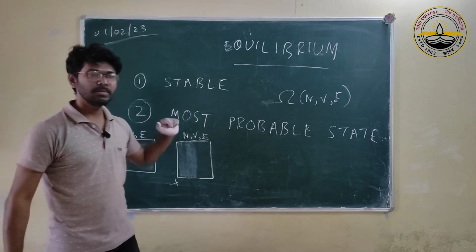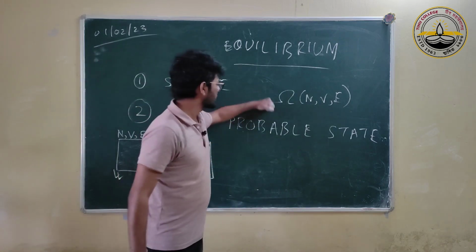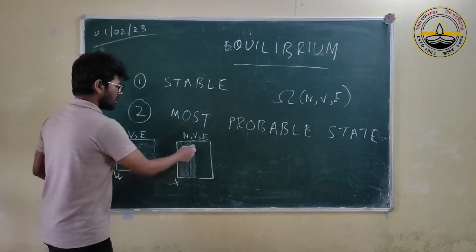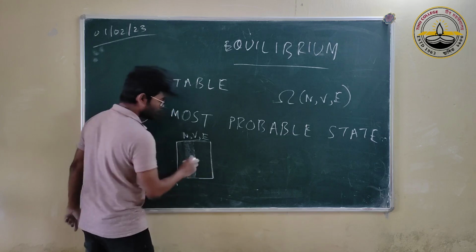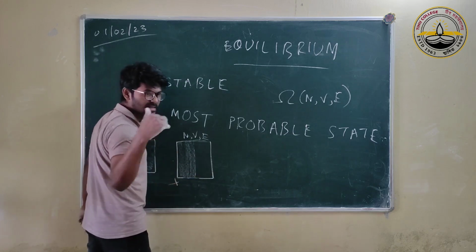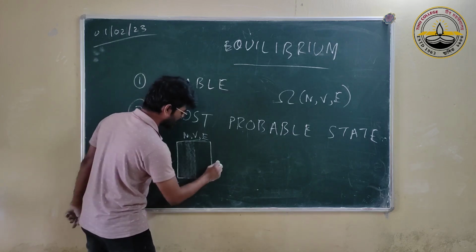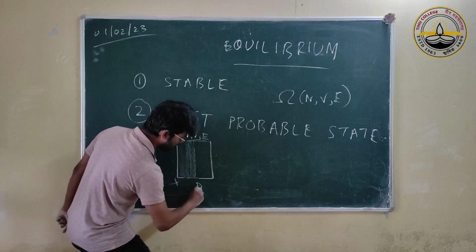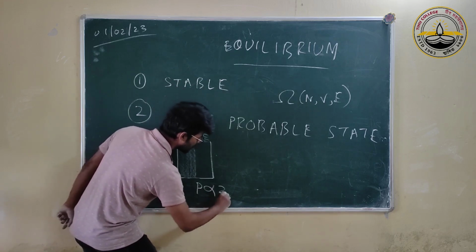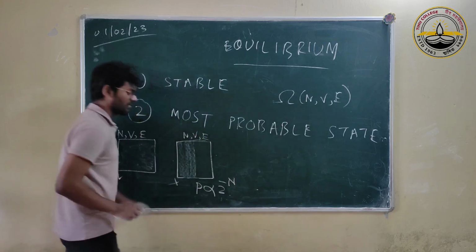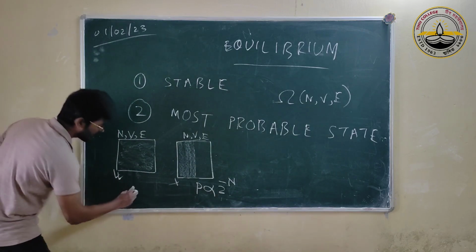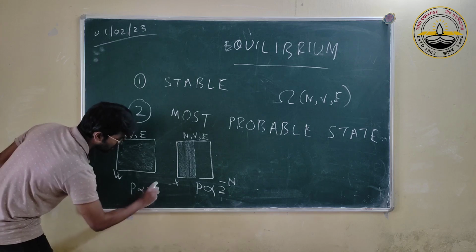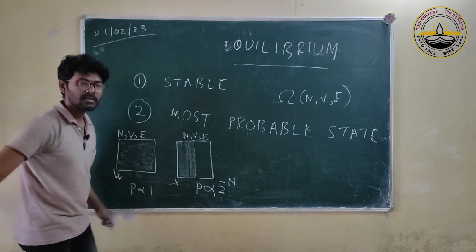Why should this be maximum? Because consider this one. This has a probability of finding this. I explained this in another class, so I'm not going to calculate. The probability for this is 2 to the power minus N if there are N number of particles. The probability of this compared to that is 2 to the power N, or 1, let's say.